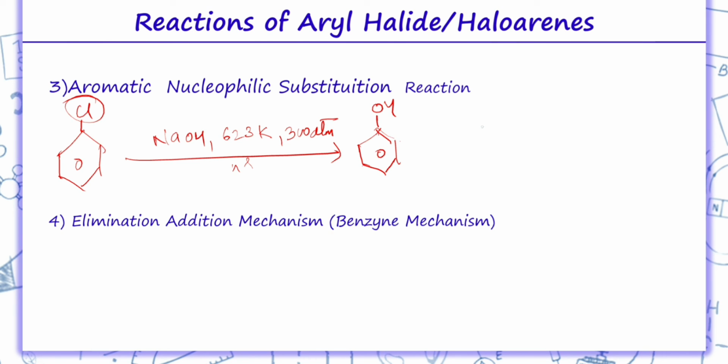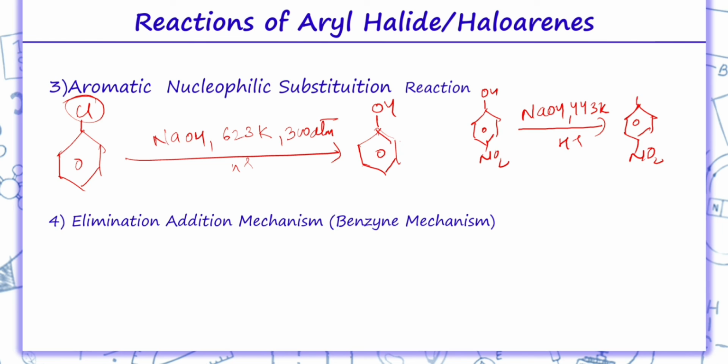Now suppose an NO2 group is present. This NO2 group is an electron withdrawing group. When an electron withdrawing group is present at ortho and para position, it increases the reactivity of haloarenes. It reacts with NaOH, but now the temperature is lower, 443 Kelvin. Again the same reaction takes place, only this Cl is substituted with OH.